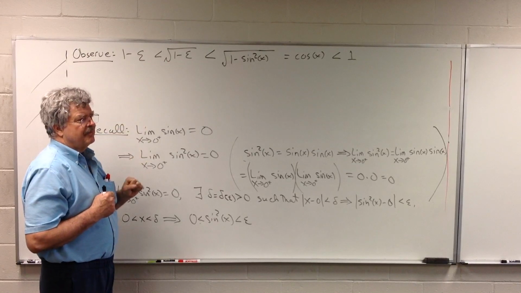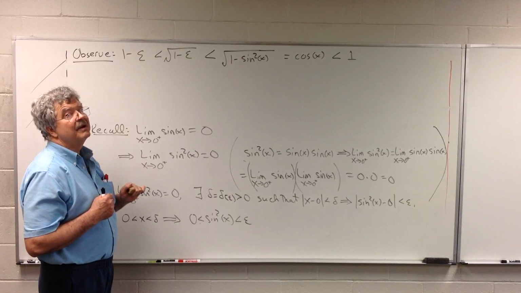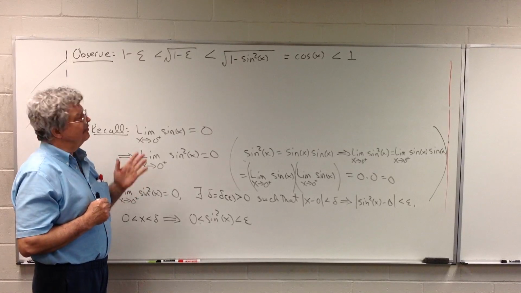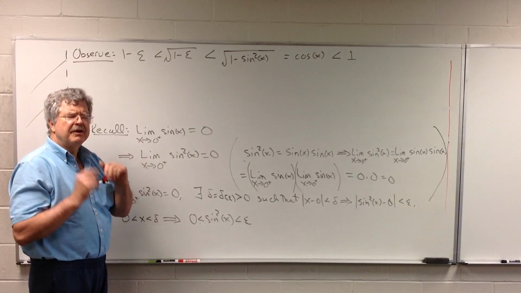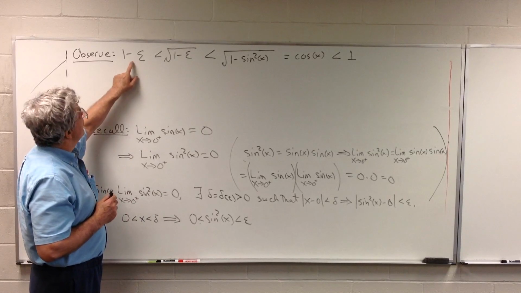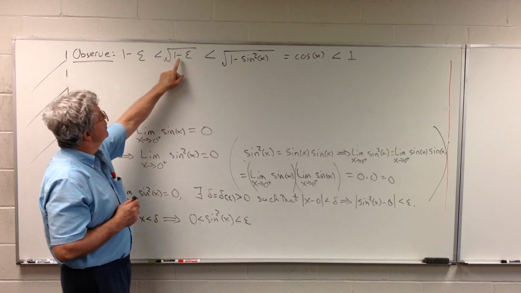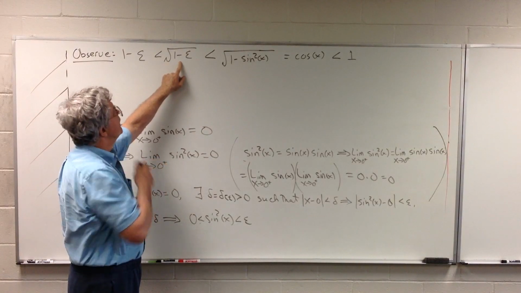Think about it. The square root of 1/4 is 1/2. The square root of 1/4 is larger than 1/4 itself because it's a number between 0 and 1. So 1 minus epsilon is a number between 0 and 1, and when we compute the square root of that, we get something larger.